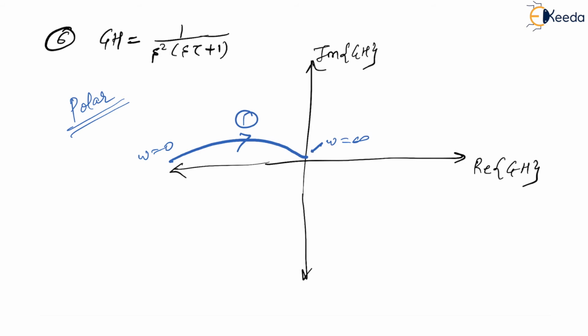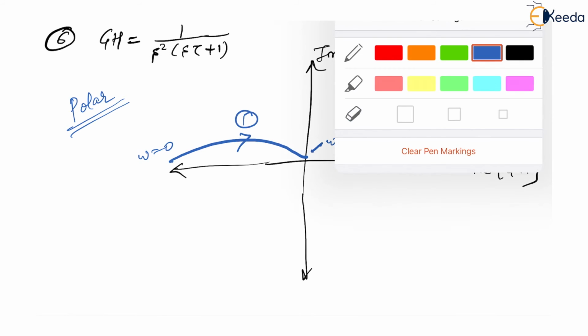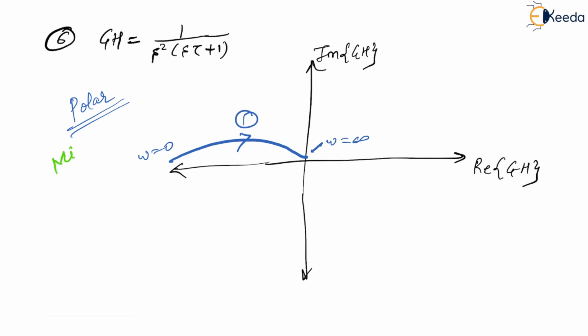This is the first step, which is done, right? Second step is to draw the mirror image. Let us draw the mirror image. So the mirror image is going to be like this, wherein this is again omega equal to minus infinity and this is going to be omega equal to 0.